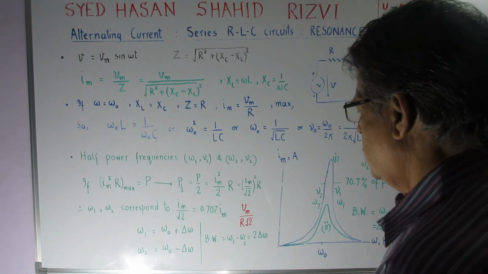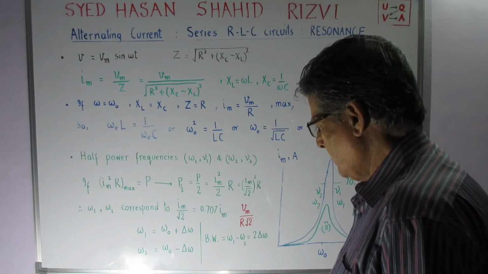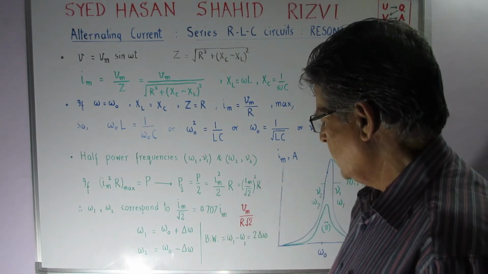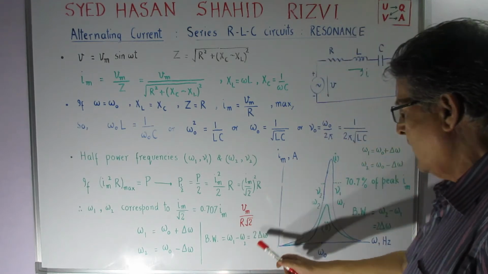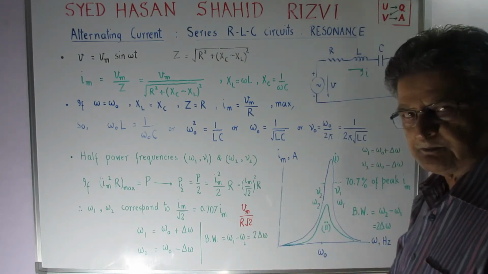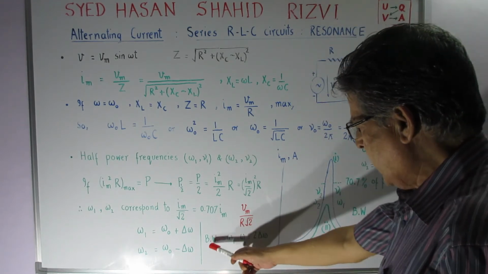Okay. So I have written these things, and we define the difference of these two half power point frequencies as the bandwidth.